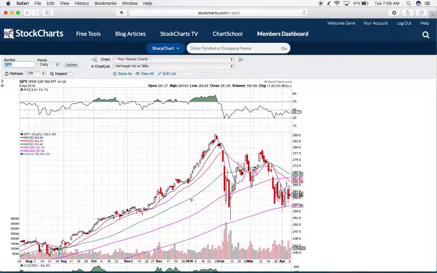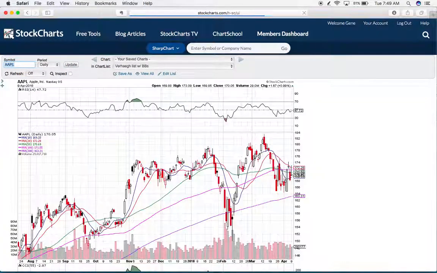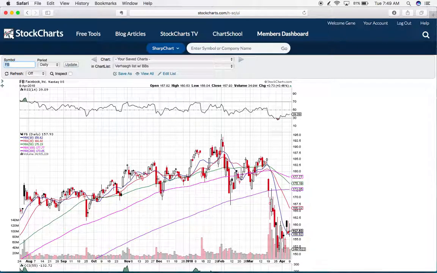So moving averages are important. A lot of times you'll see price bounce off these moving average lines. Sometimes they just break right through it. This is Apple. I'm just kind of randomly pulling up charts. I don't have really a good plan to show you anything other than how these moving average lines work.